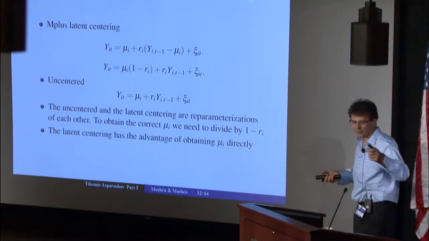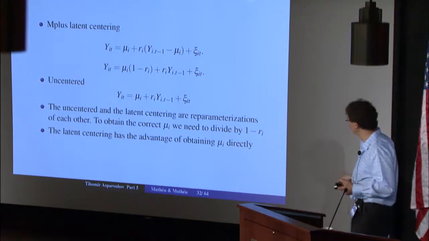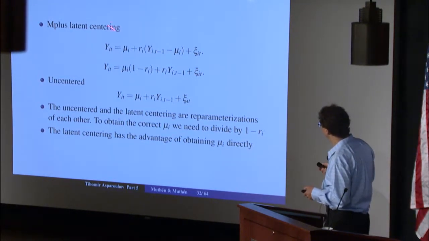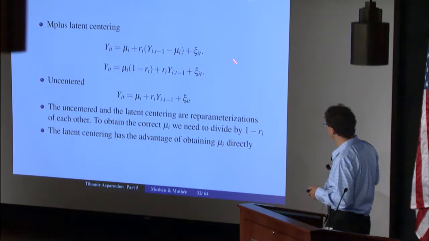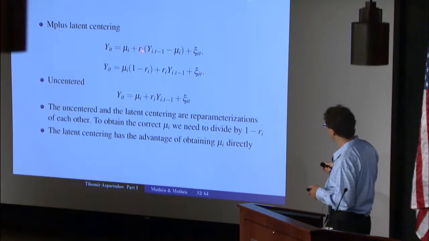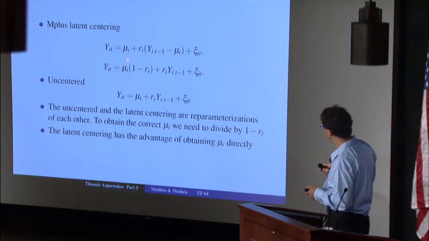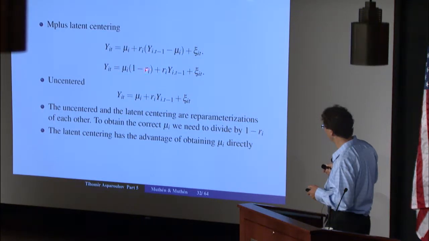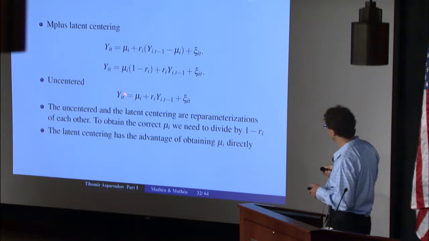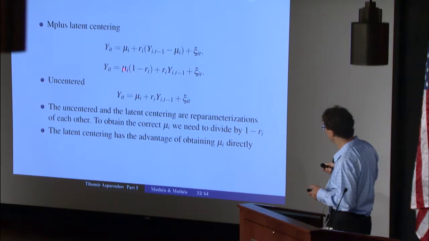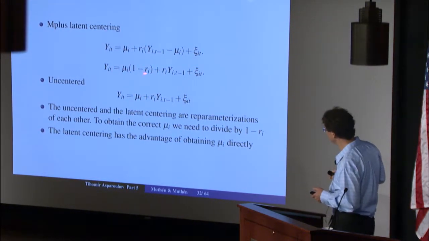In our discussion, Ellen came back and said this is not a correct comparison, so we had to go a little deeper. If you look at the Mplus centering method, here's the equation again. We expand the brackets and rewrite the same equation, and the intercept becomes mu_i times 1 minus R_i, where R_i is the autoregressive parameter. Here's the uncentered model, and you can see these models are virtually identical, except that this is now mu_i multiplied by 1 minus the autoregressive parameter.